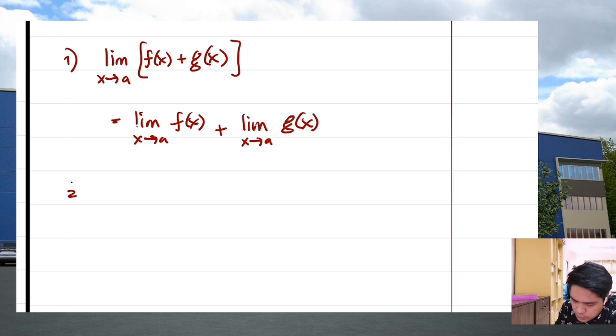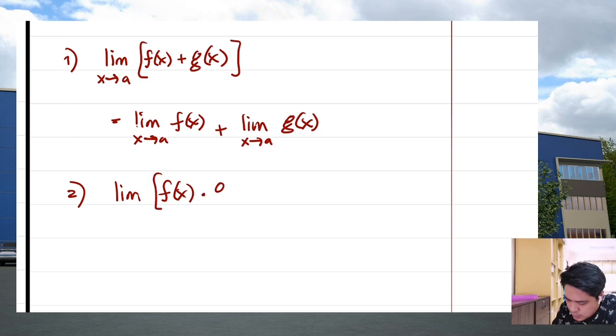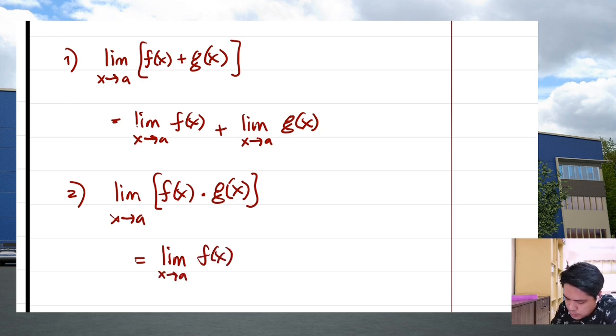Now, for number 2, if we have the limit of f of x multiplied by g of x as x approaches a, that is simply the same as the limit of f of x as x approaches a times the limit of g of x as x approaches a.